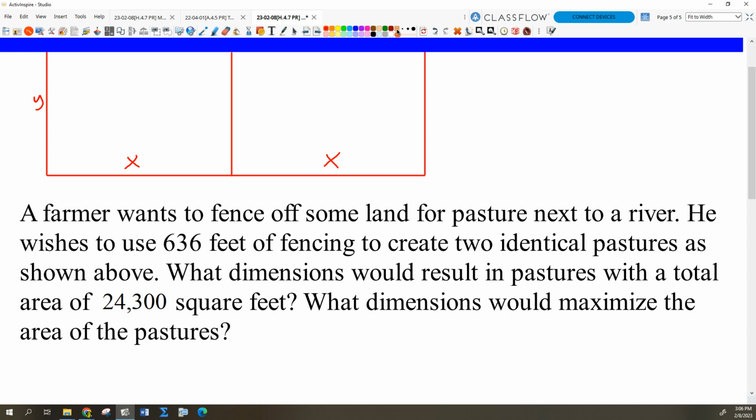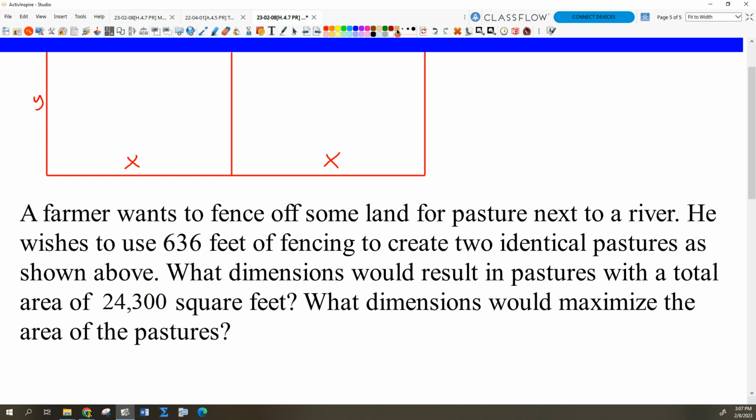Okay, so first of all, they want us to come up with a configuration where the total area is 24,300 square feet. Okay, total area, so I'm going to need an area function.